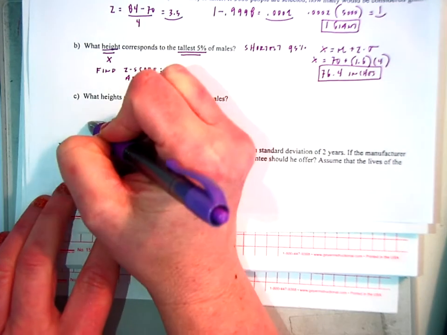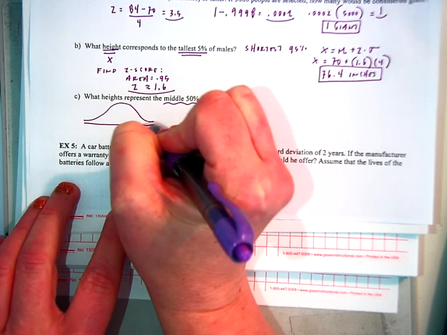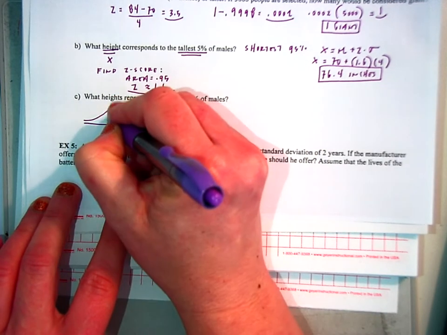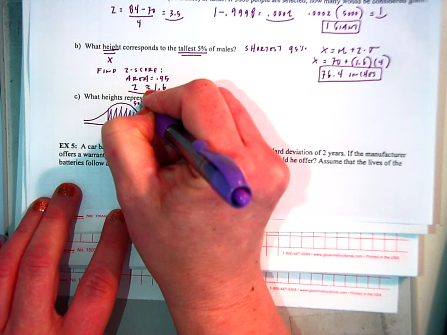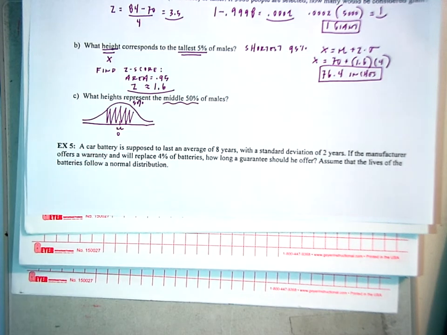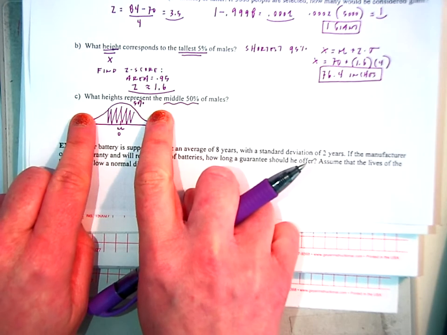So let's picture this. Let me draw my normal curve. So here's my mean, the z-score of 0, and then I'm looking at about that middle 50%. Okay, so then I know if that's my middle 50%, then out in these two tails, they have to split evenly the remaining 50%.